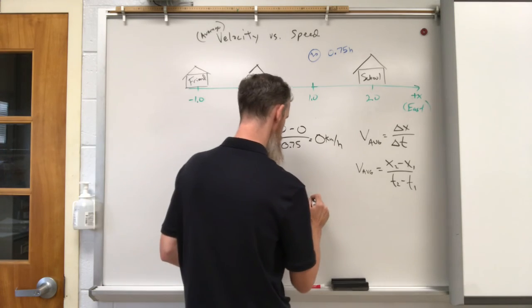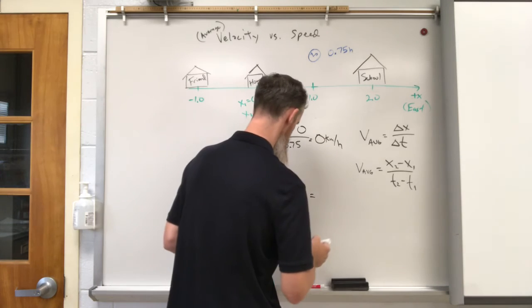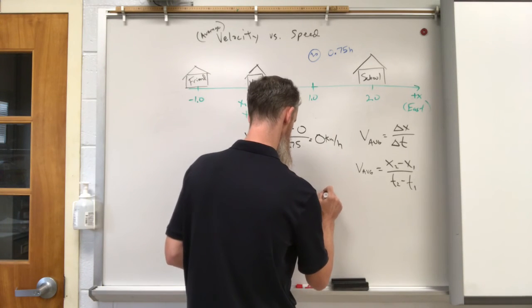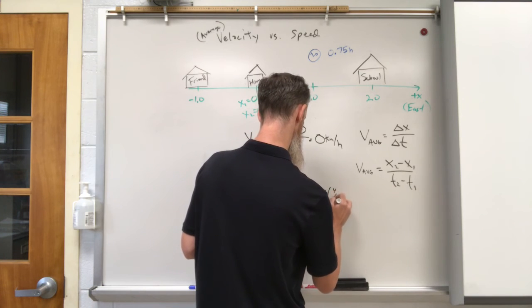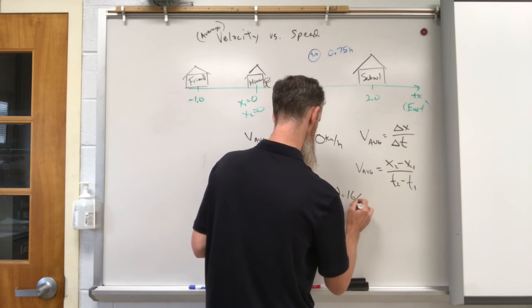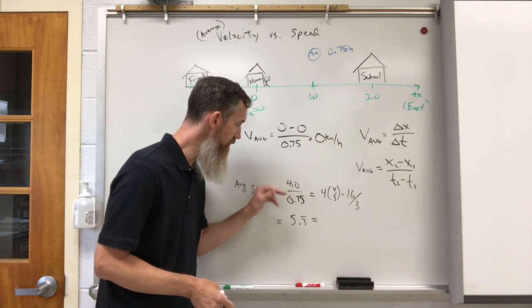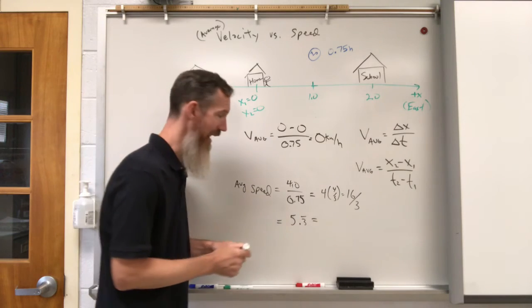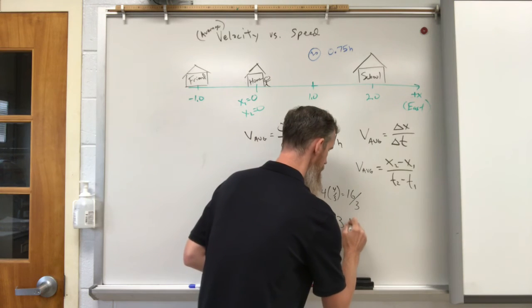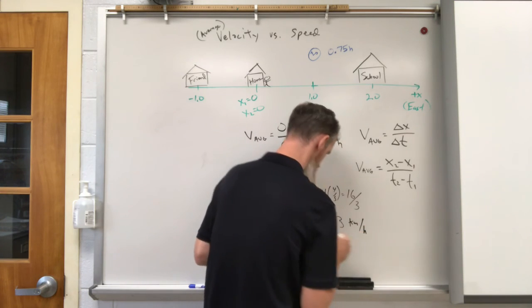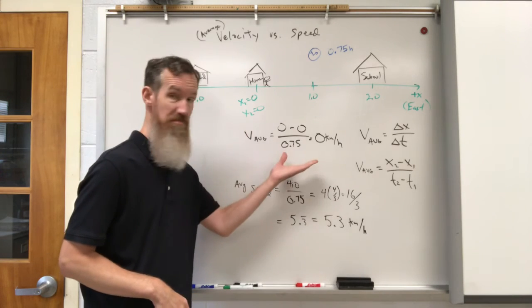If we look at that math, 4 divided by 3/4 is 16/3, 5.33 repeating. I have to worry about significant figures, 2 sig figs, so I have to round accordingly. So 5.3 kilometers per hour. So average velocity, nothing.